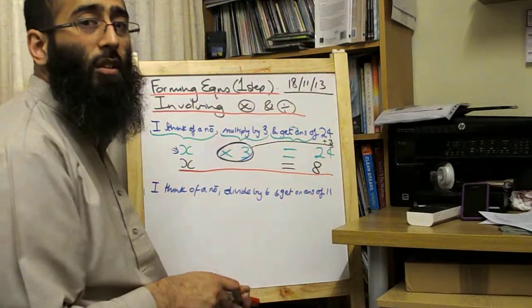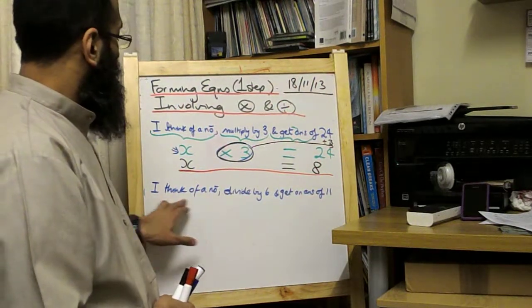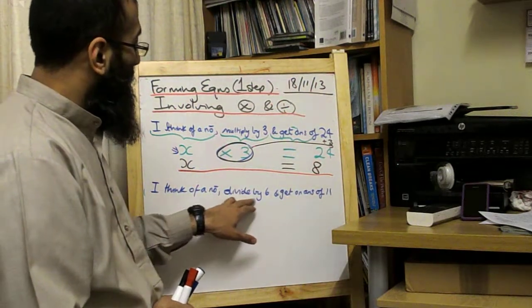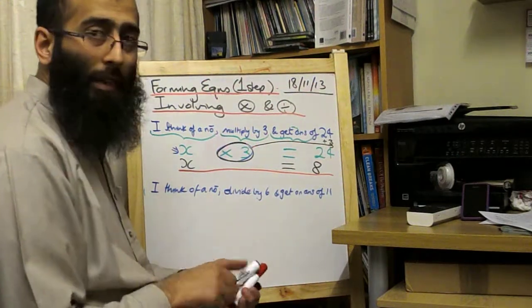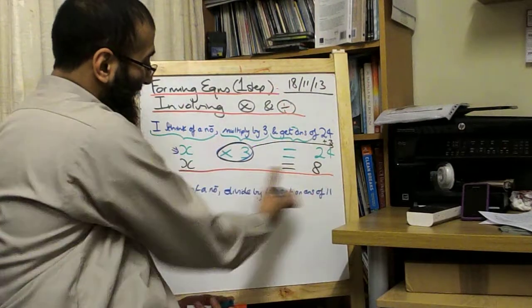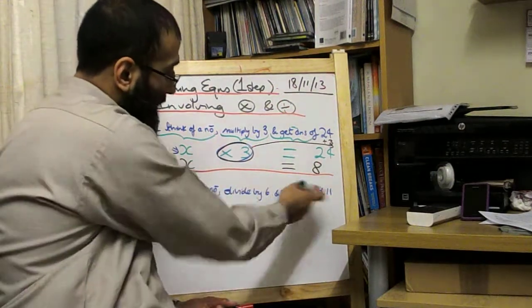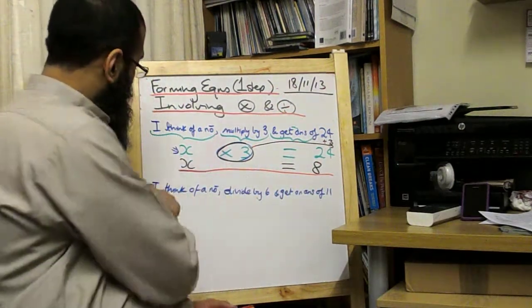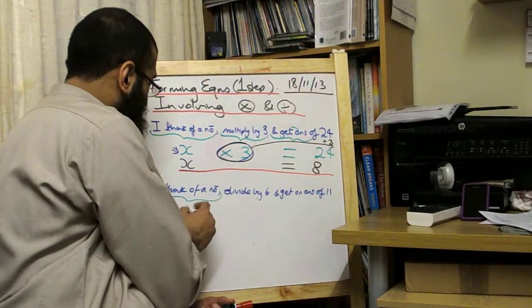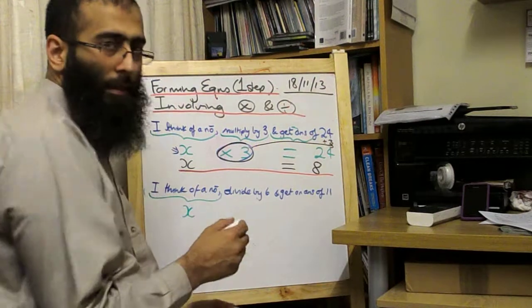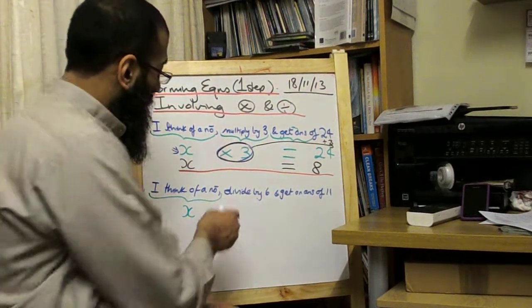Now for the next question, I think of a number, divide by 6 and get an answer of 11. So let's have a go at now translating this English statement with the few numbers into mathematics. So I think of a number, so the number we don't know what it is, we're going to call it x, our unknown quantity.